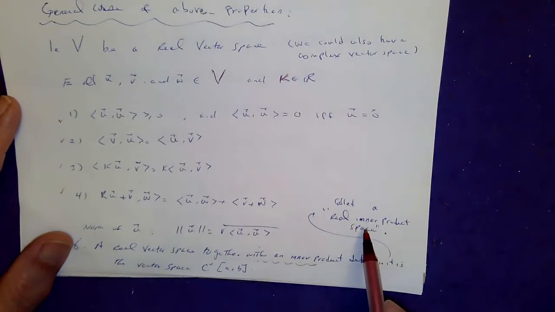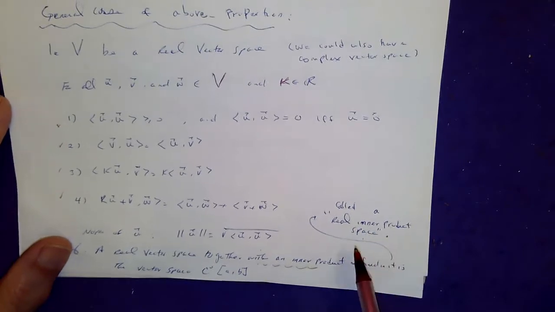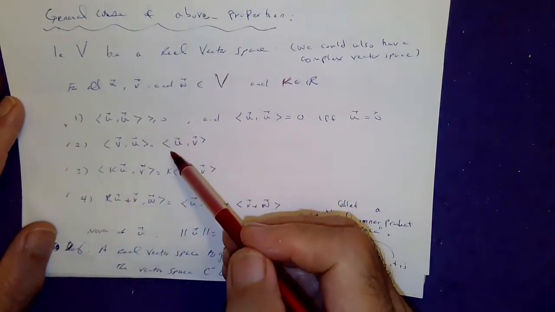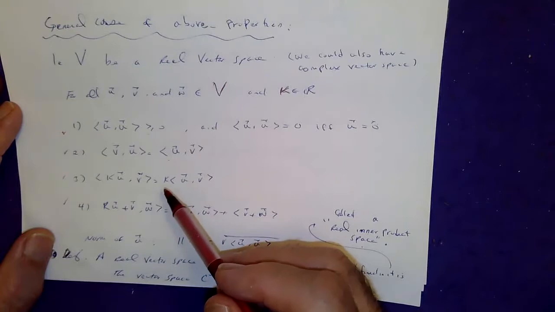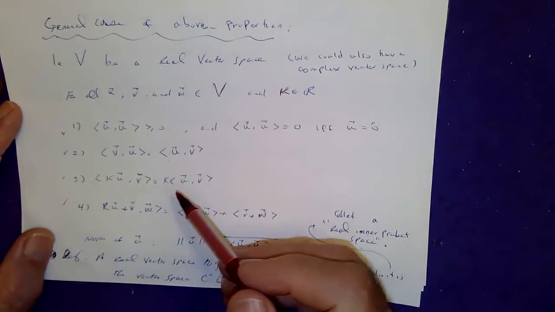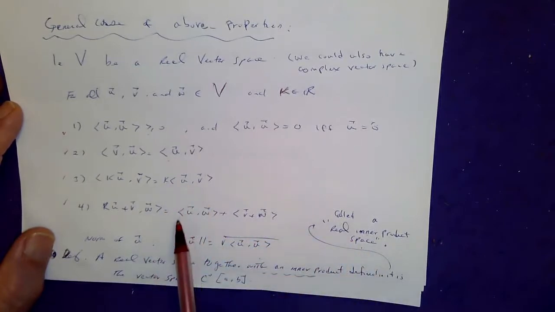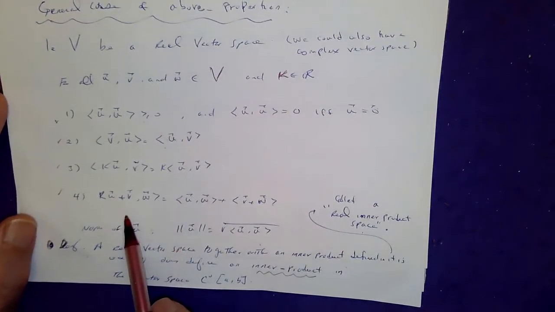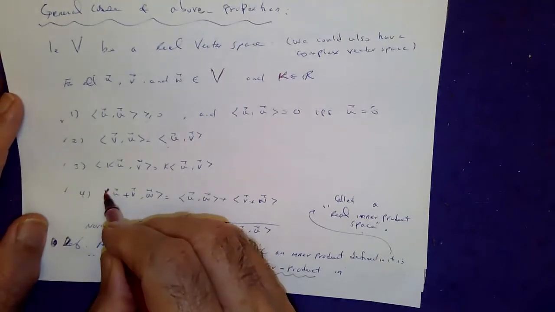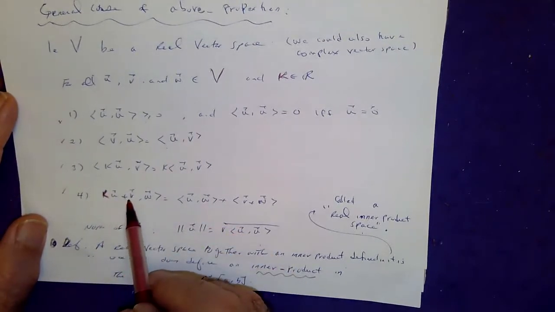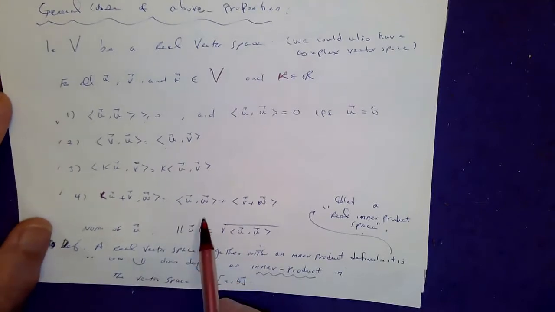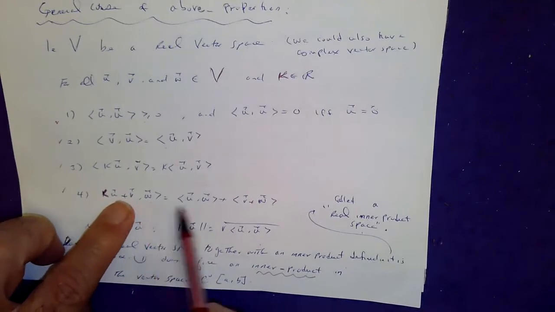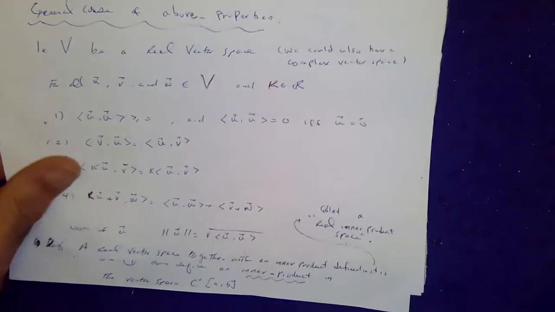So for a vector space to form an inner product space, you have to satisfy these four conditions: positivity, symmetry, and this is called homogeneity, and the fourth property, which is like if you take the inner product of the sum of two vectors with the third vector, then you would have what? The inner product of u and w plus the inner product of v and w.